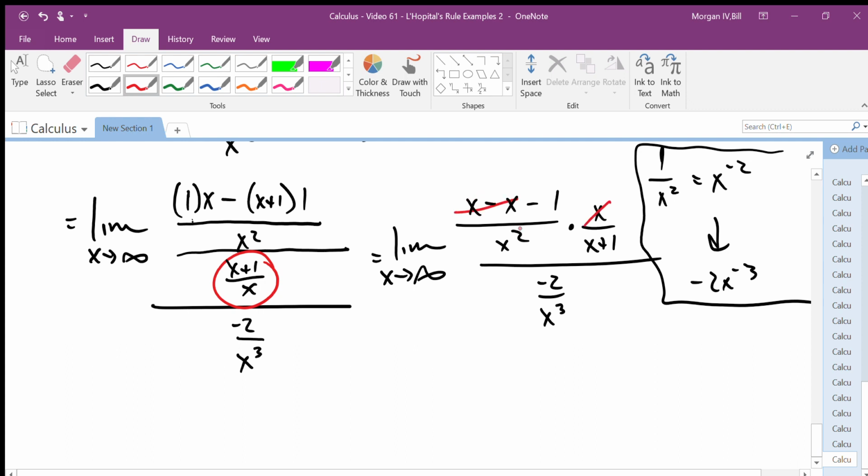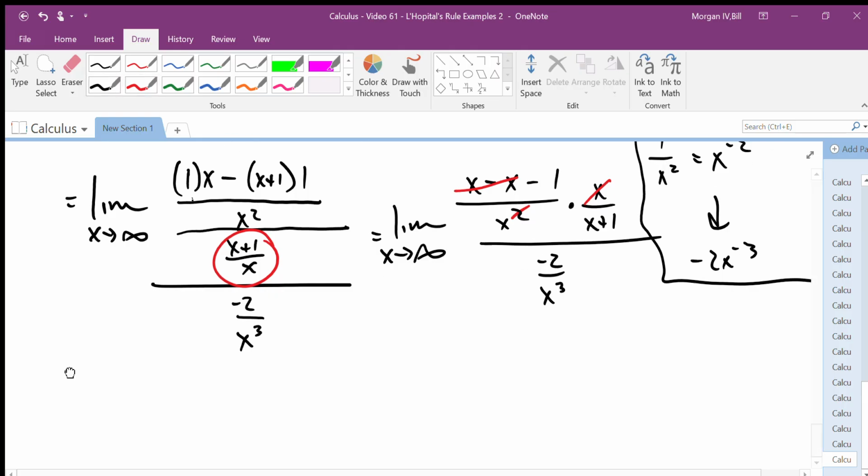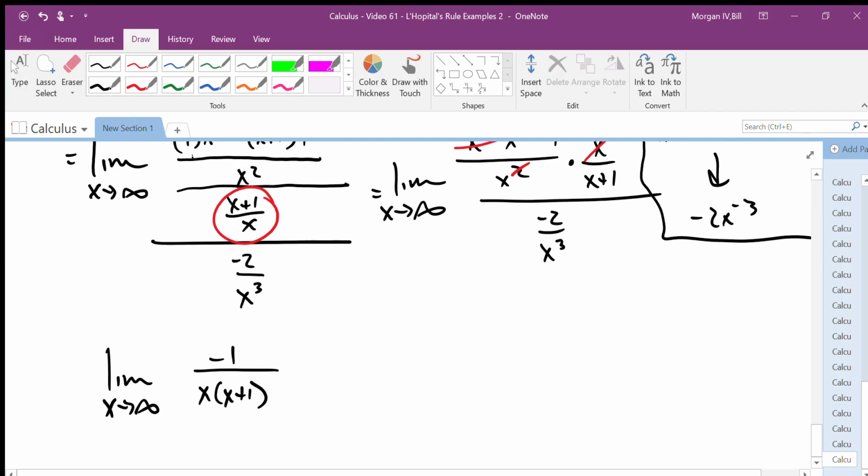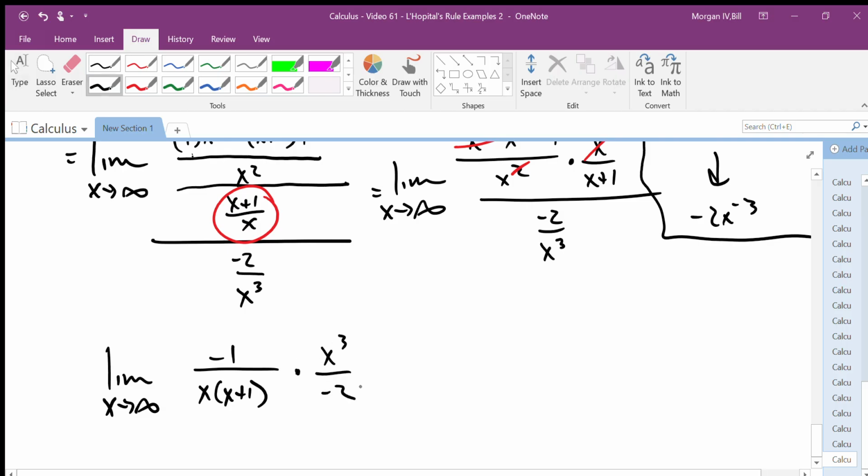The x here cancels out with one of the x's there. Simplifying that, I get the limit as x goes to infinity of negative 1 over x times x plus 1, divided by negative 2 over x cubed, which is times x cubed over negative 2.